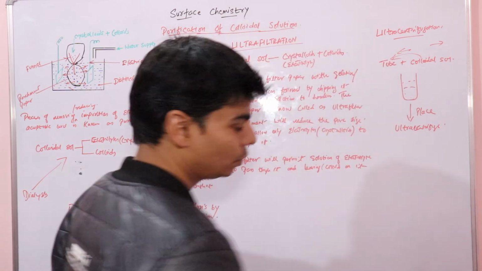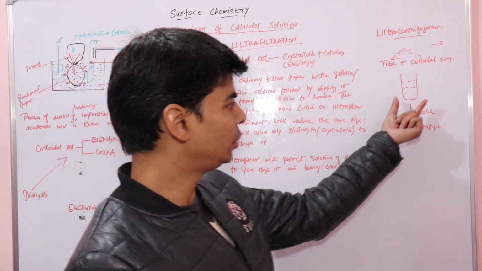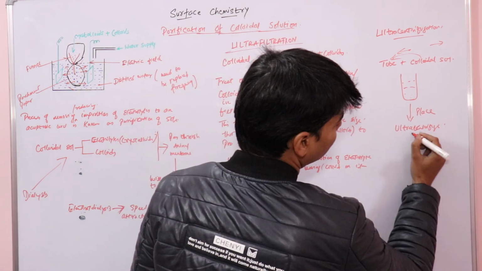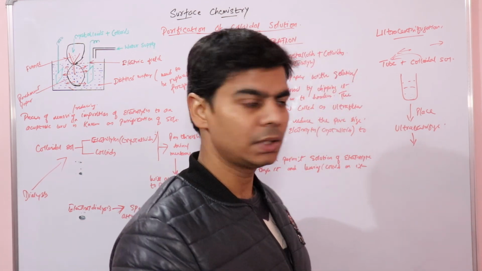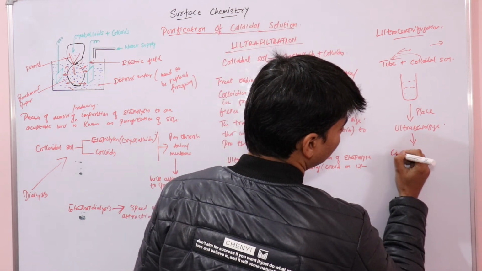And ultracentrifuge rotates or spins at a very high rate. So when this tube is in the ultracentrifuge and it rotates at a high speed, it will allow colloidal particles to settle at the bottom, right? And the electrolytes will remain in solution, right?